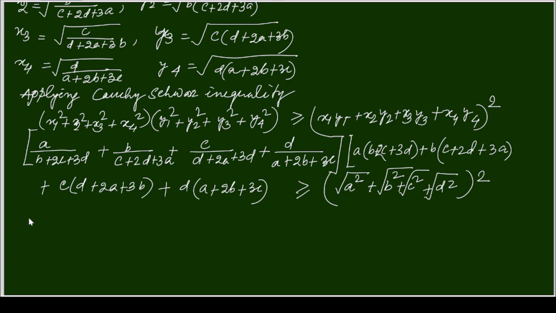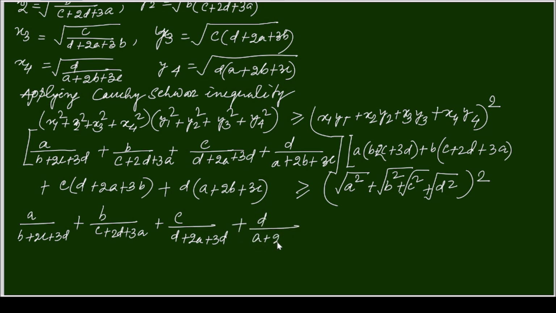So the left hand side, what is given in the question, equals A over B plus 2C plus 3D, plus B over C plus 2D plus 3A, plus C over D plus twice A plus 3 times B, plus D over A plus 2 times B plus 3 times C, is greater than or equal to a plus b plus c plus d, whole square.